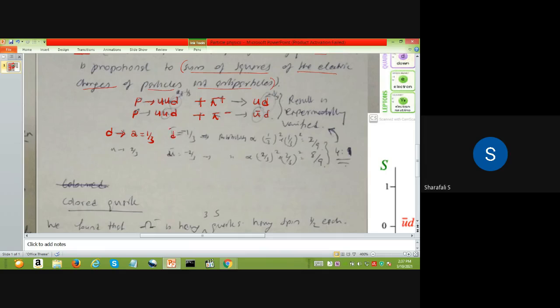For the anti down quark, we have minus 1 by 3, just changing the polarity of the charges. And for U, that is the up quark, we have 2 by 3 of charge. And for U bar, that is the anti up quark, which is minus 2 by 3.